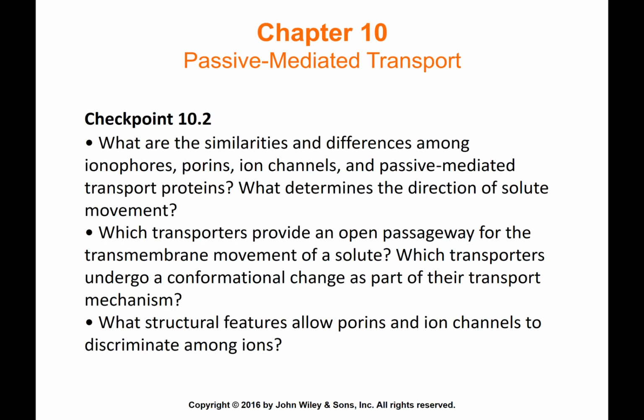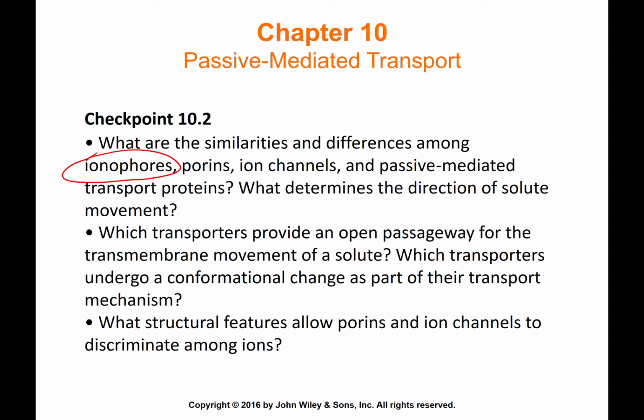That is it for the passive transport portion of the chapter. We talked about a lot of different types of passive transport systems. The ionophores, which are basically antibiotics. They're molecules that can form temporary pores or carry ions across the cell membrane.